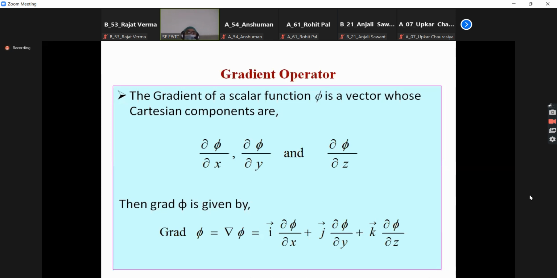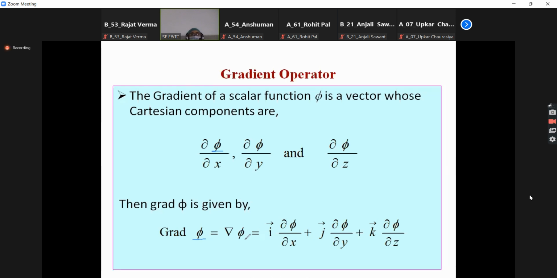Phi is a scalar value, it is not a vector. So gradient comes into the picture when you have a scalar value. You multiply del with a scalar value. This is not a vector, so there is no question of dot and cross. You just multiply del with some value which is a scalar in nature.